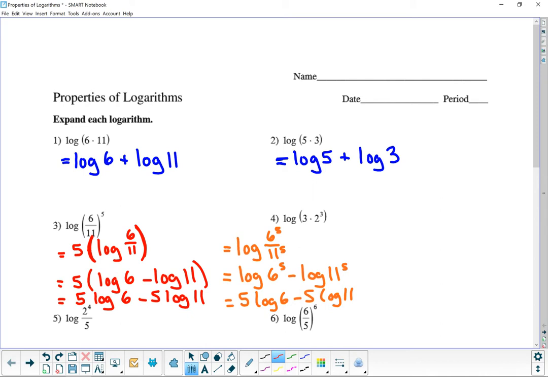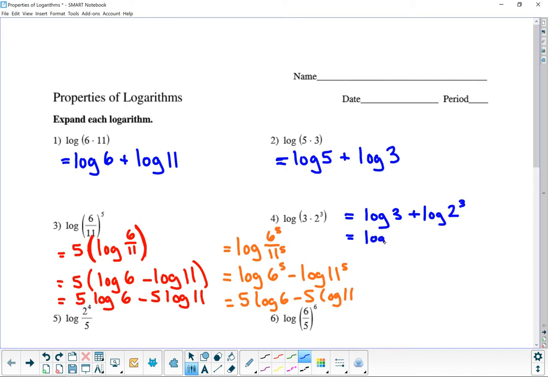Okay, same thing here. Notice that, first off, we're going to have a product. So I'm going to use blue because that kind of matches what we did up there. So this would be log 3 plus log 2 to the third power. And because the second term has a power, we're going to use the exponent rule.